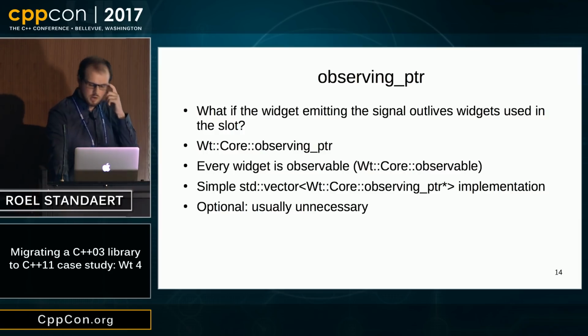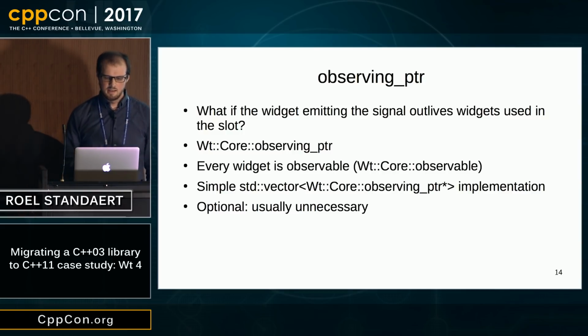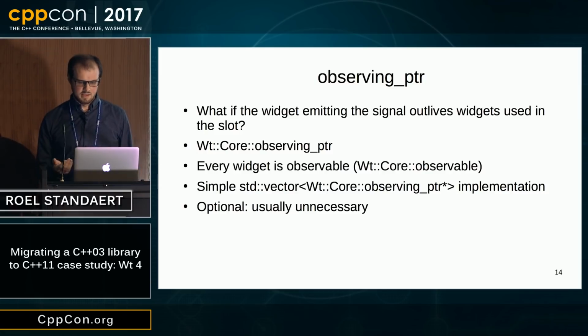So this is an extremely simple implementation. We made every widget inherit from Wt::Core::observable, and it keeps a vector of these observing pointers, and whenever it is deleted, it invalidates all those observing pointers. The expectation is that we'll have 0 or very few observing pointers pointing to one observable.